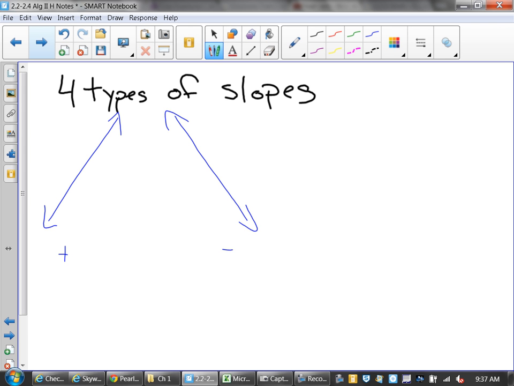What's the second letter in the word horizontal? It's horizontal. You will find real quick my spelling is subpar. And then lastly, the undefined slope is a vertical line.